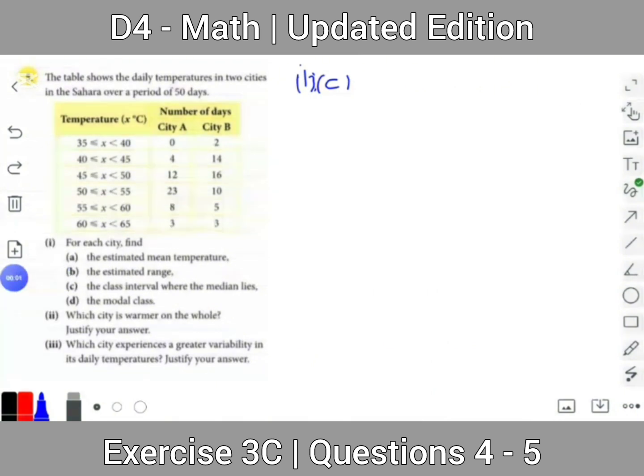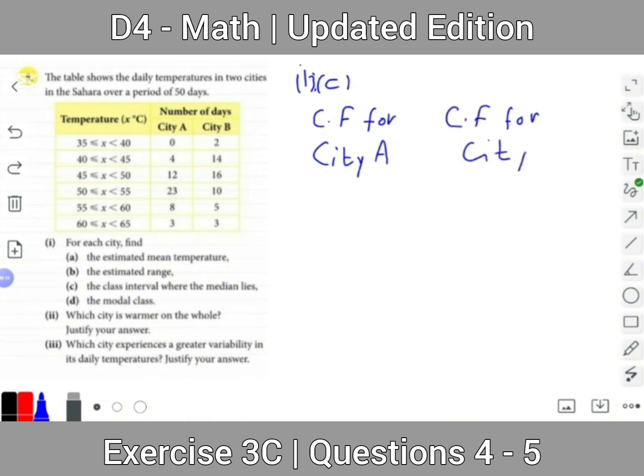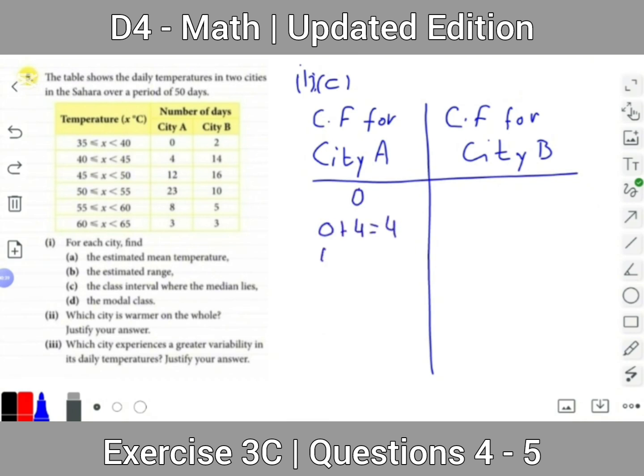To find out the class intervals where the median lies, we will find out the cumulative frequency for city A and the cumulative frequency for city B. So the first entry of the cumulative frequency for city A will be the same as given in the frequency table. So we have 4. Now 4 plus 12 is equal to 16.